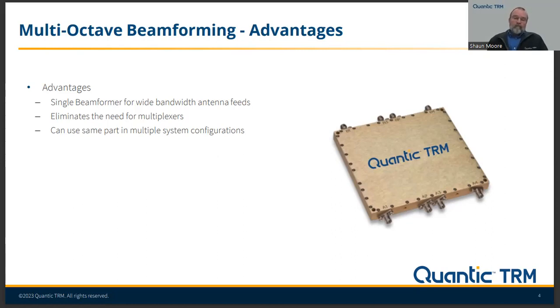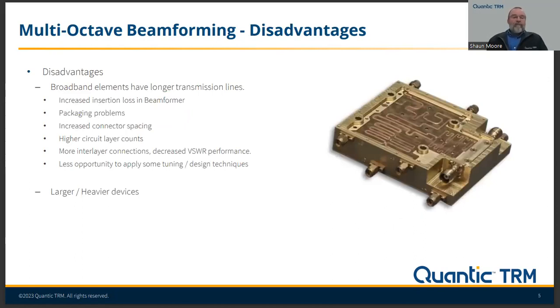Okay, so if those are the pluses, how about some of the disadvantages? The different disadvantages really start running into basically because of how we have to build a broadband beamformer. There is certain negative baggage that comes along with it.